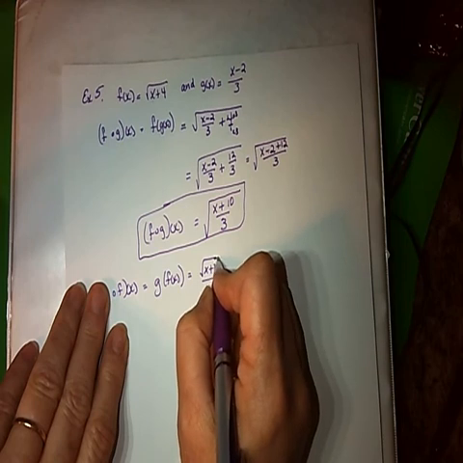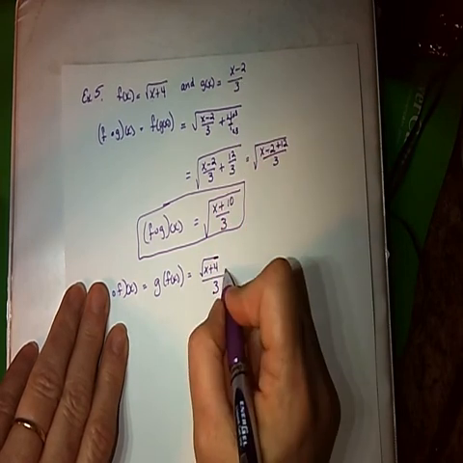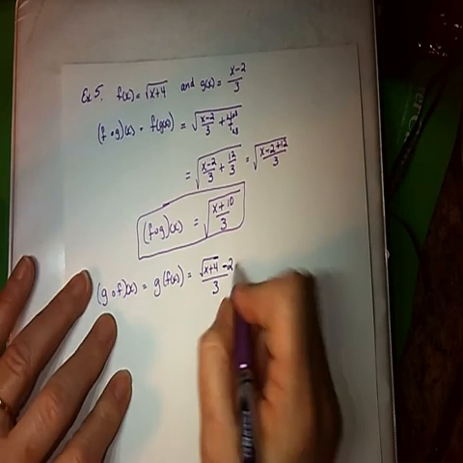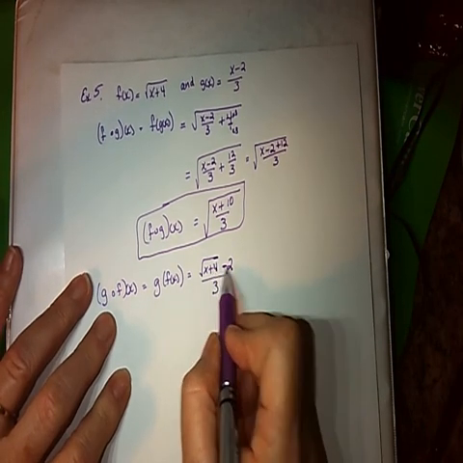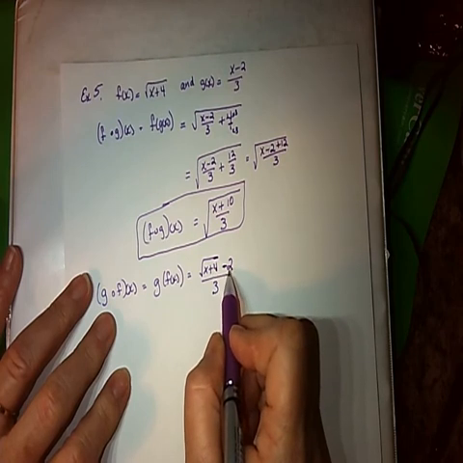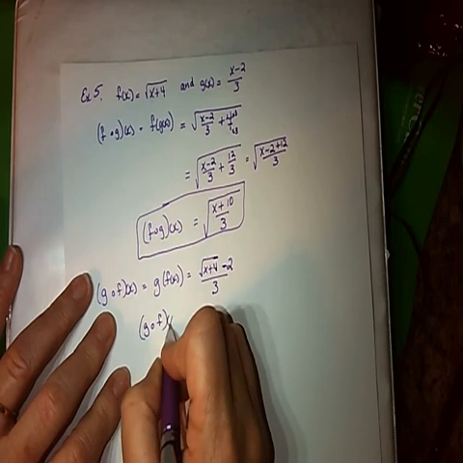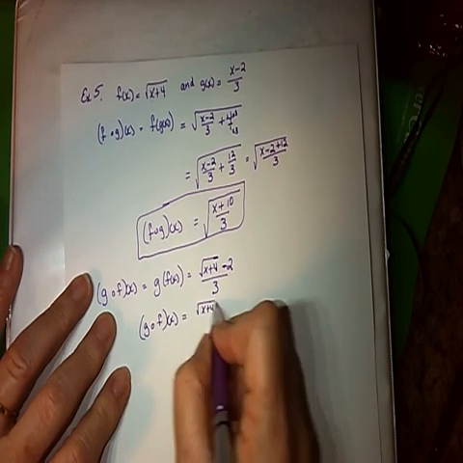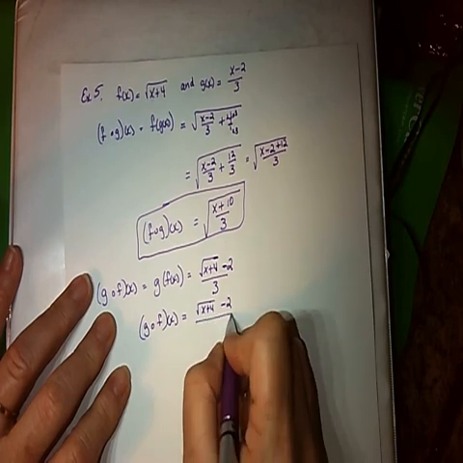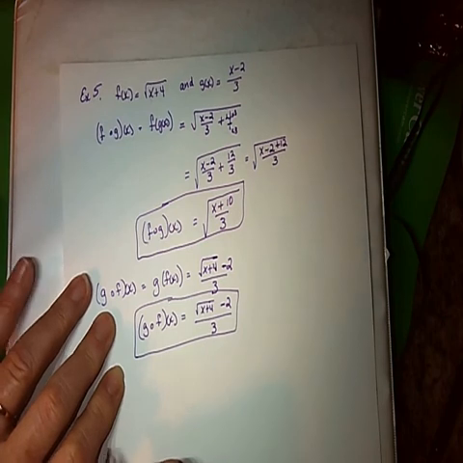Then outside the square root, I got to finish off my g function, so I'm going to put minus 2. I can't combine any terms because this 4 is under the square root, this one's outside the square root. So my answer for the composite of g of f of x is the square root of x plus 4 minus the 2 all over 3. So that's example number 5.